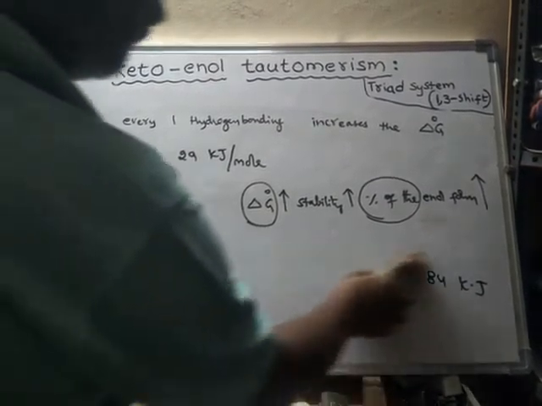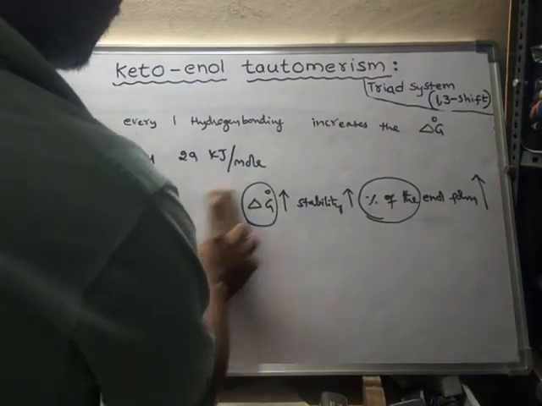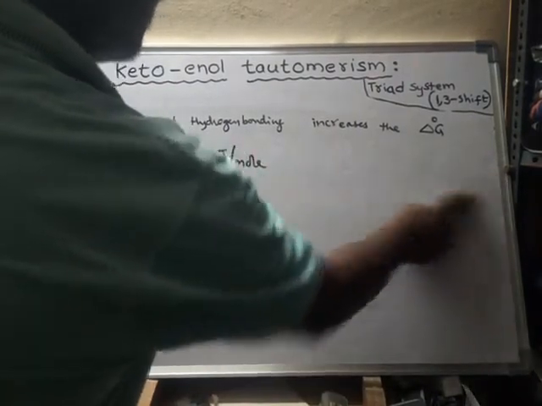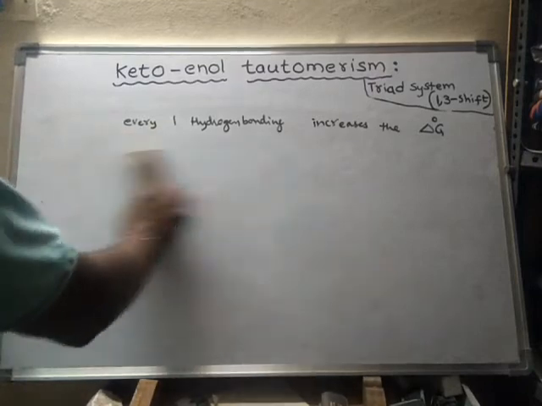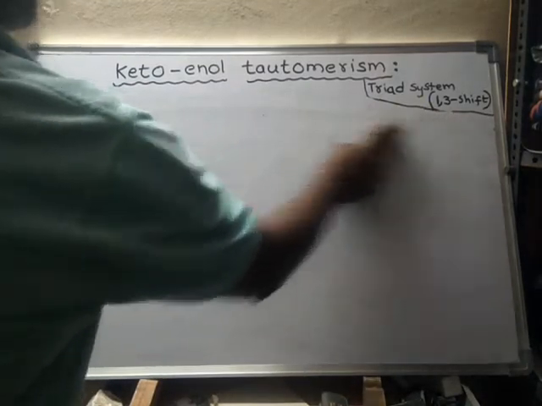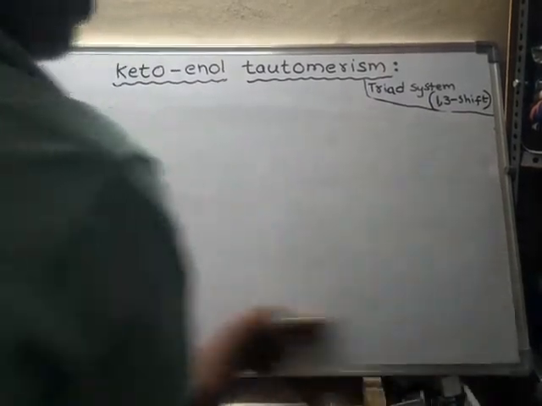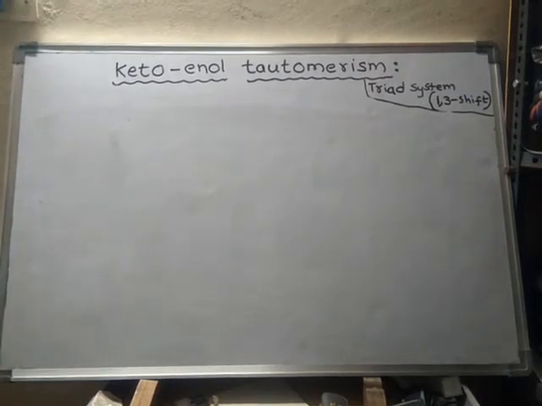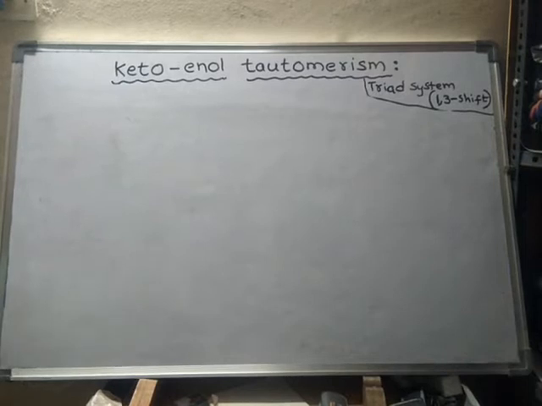When the enol form gains more free energy, it becomes more stable. Whenever a form is more stable, that form will be in more percentage. So if the keto form is more stable, the percentage of keto form in the compound will be more.